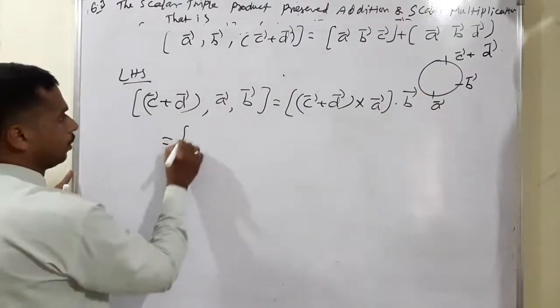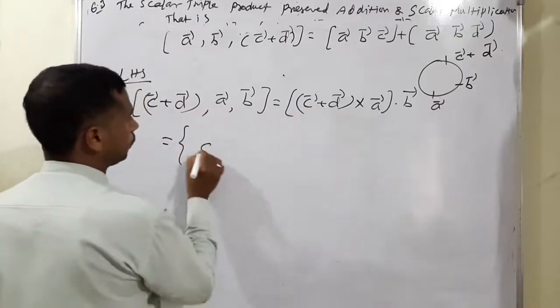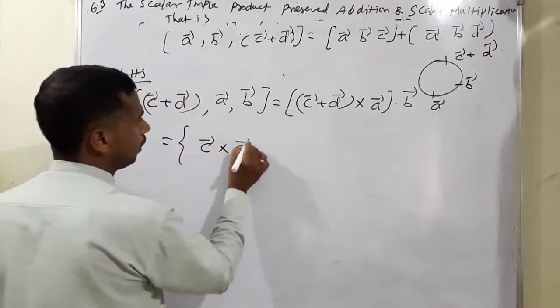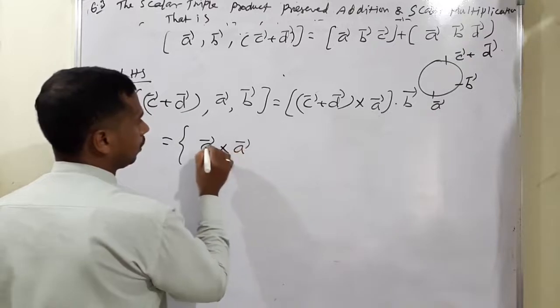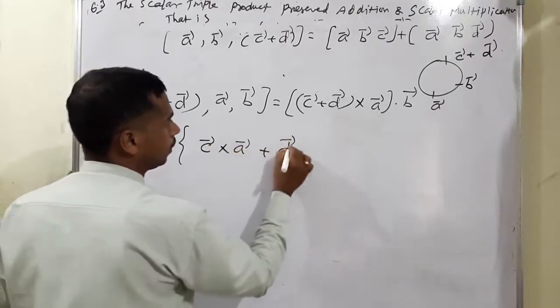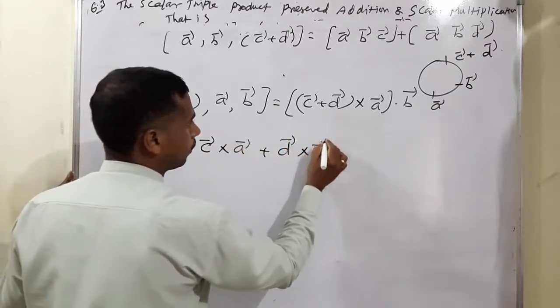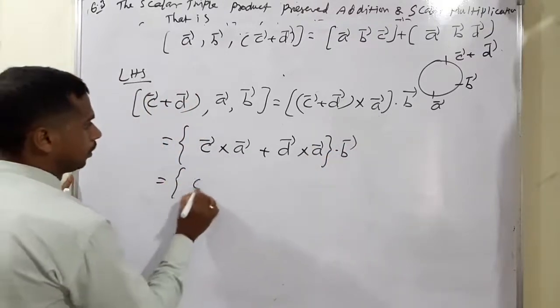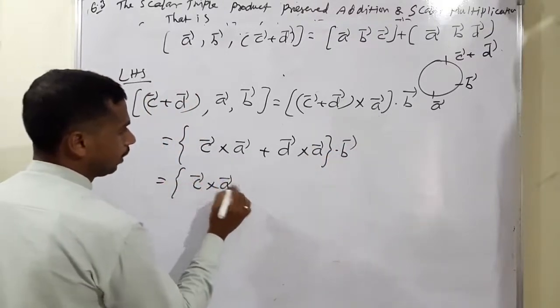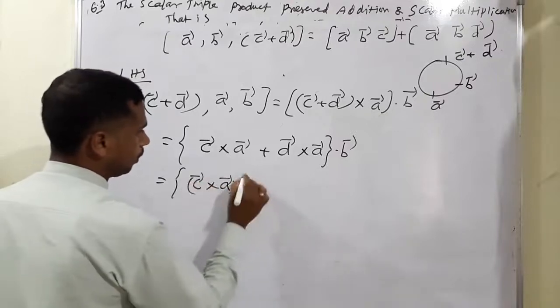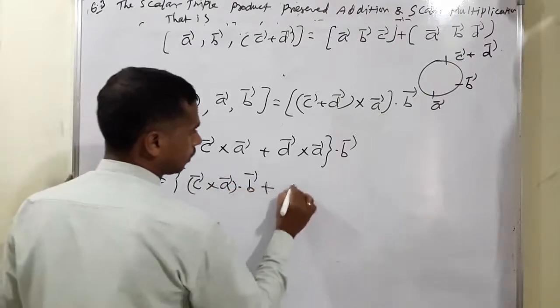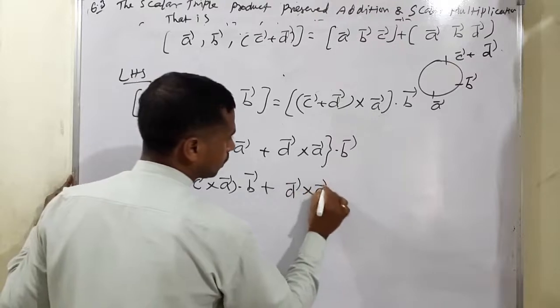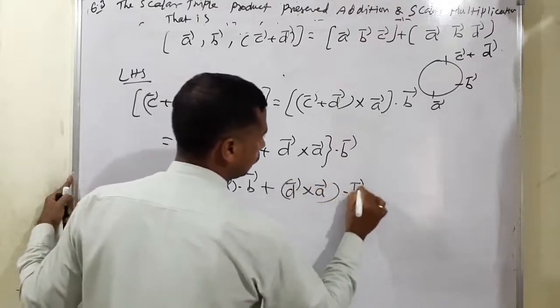Now multiply: C vector cross A vector plus D vector cross A vector, then dot B vector. So C vector cross A vector dot B vector plus D vector cross A vector dot B vector.